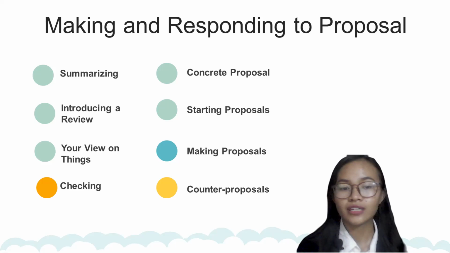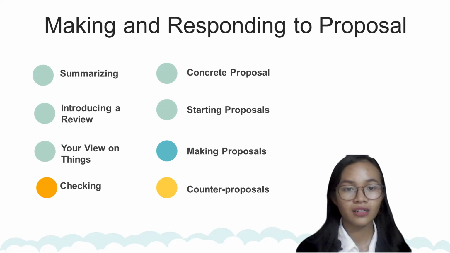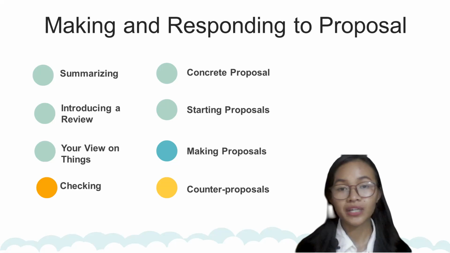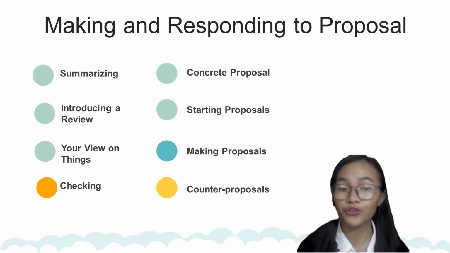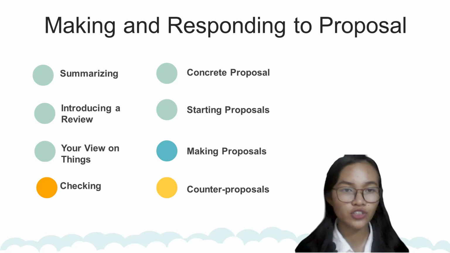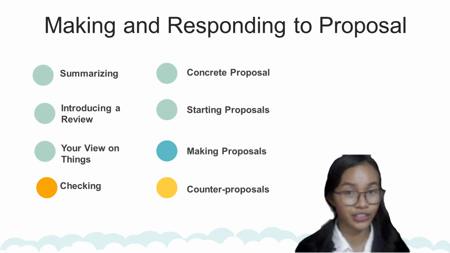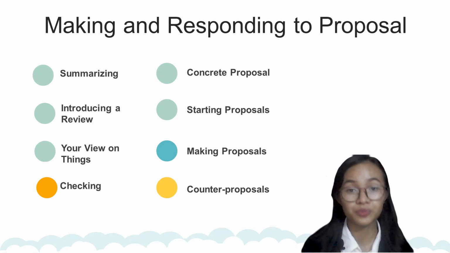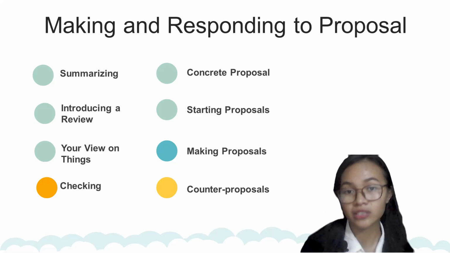Then for introducing a review, you can use expressions related to the several ways that could work together, like "I think we could develop our relationship in various ways." And then for the third, your view on things, you can use expressions like "For our company," and then mention what you want to mention, and "As we see it," and so on.